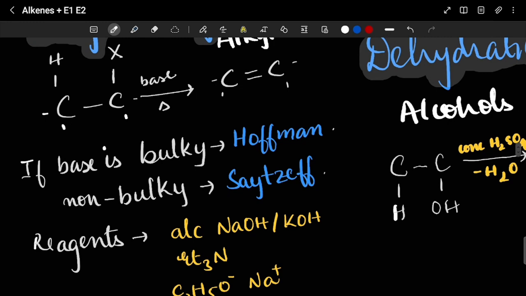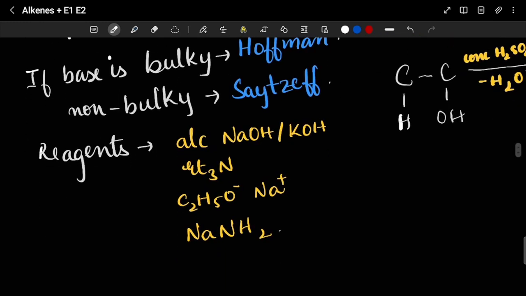When the base is bulky, because of steric inhibition, there is a problem in attack of H plus and formation of the double bond, so Hofmann product is formed. The reagents you are going to use are alcoholic NaOH or KOH, triethylamine, or ethanol as solvent, and then NaNH2.